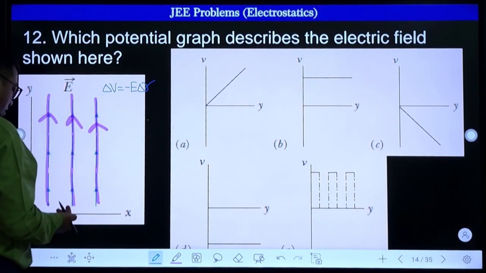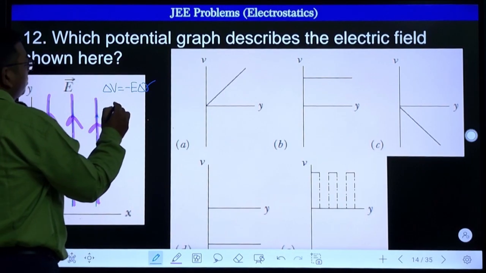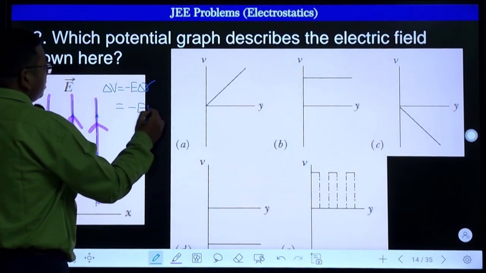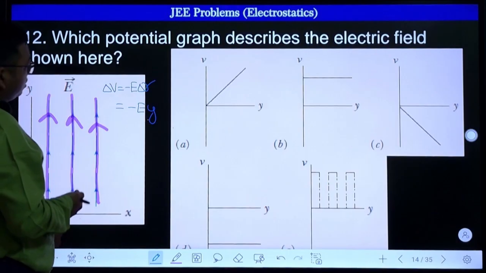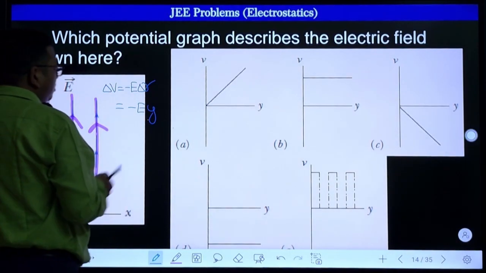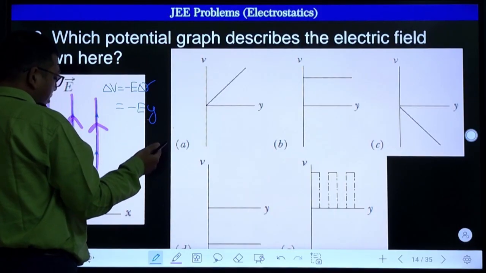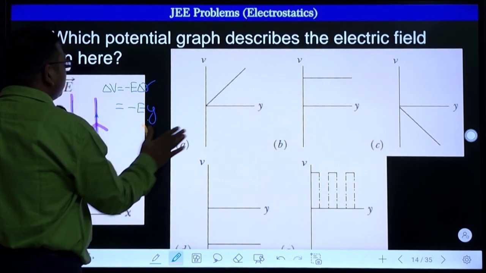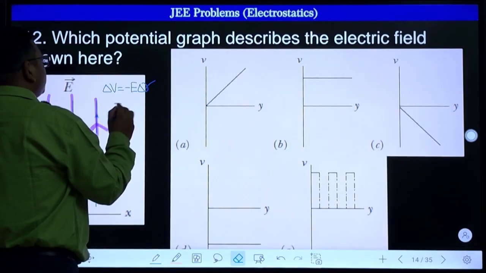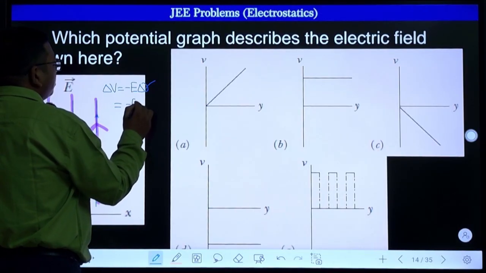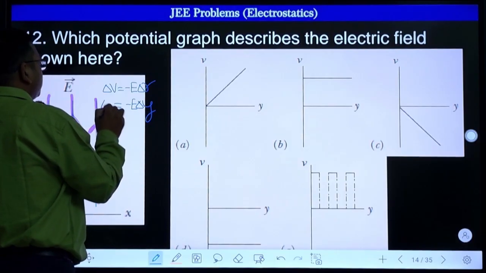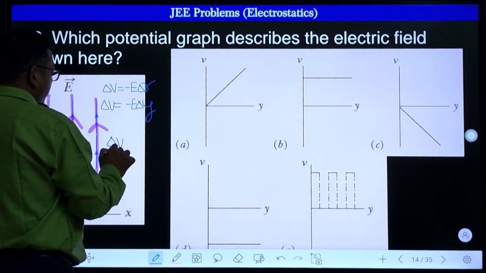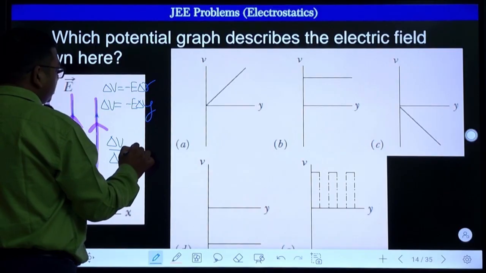Let us say that you have started from the origin, so this is like y or delta y. So delta V is equal to minus E into delta y. Definitely here the delta V by delta y graph is like minus E.